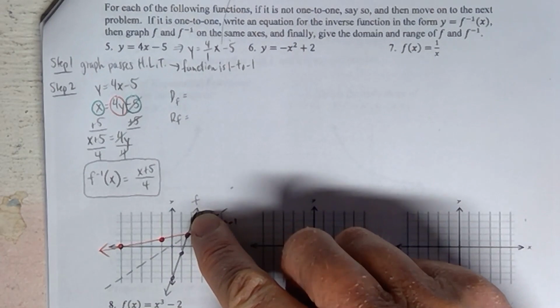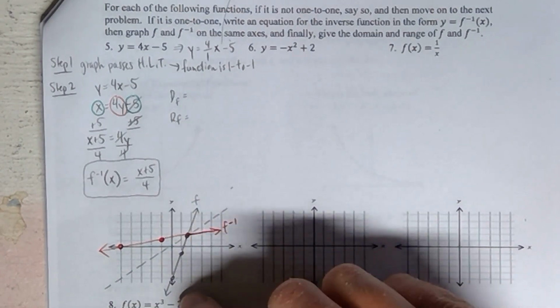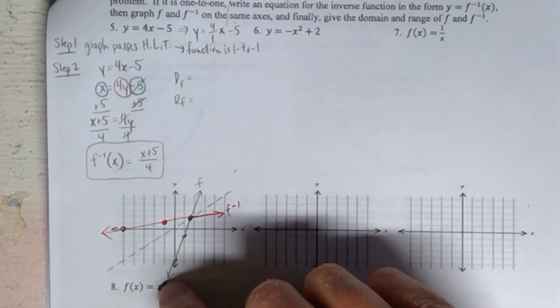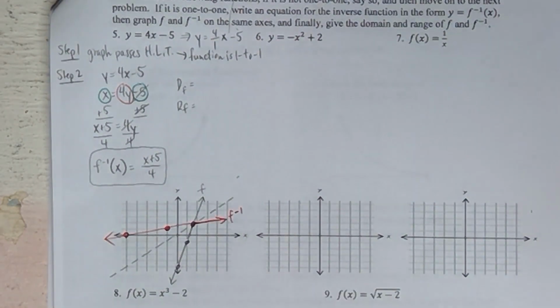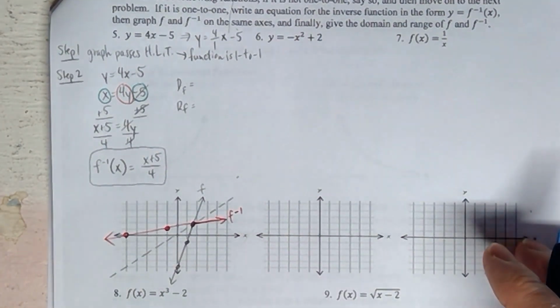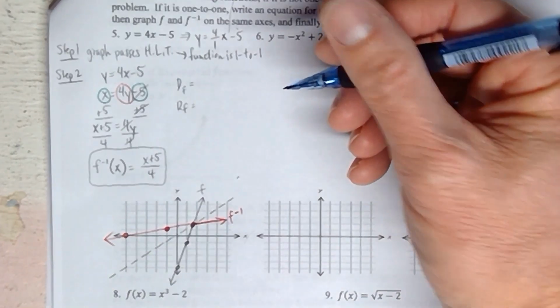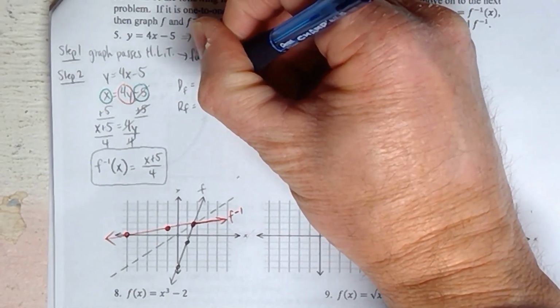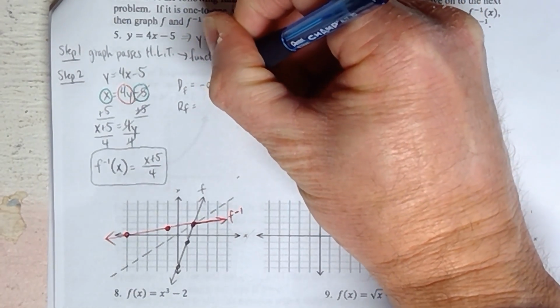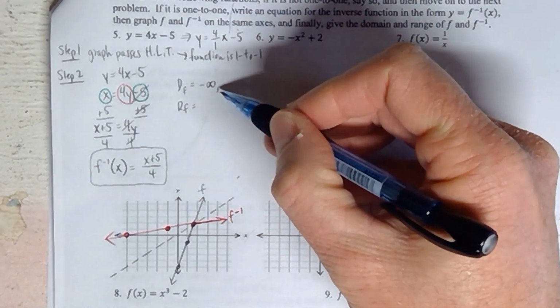This one goes forever up and forever to the right. This one goes forever down and forever to the left. That's all 4 directions. And when it goes forever in all 4 of those directions, left, right, up, and down, then that means that everything is infinity or negative infinity. Remember domain is the leftmost point. So if it goes forever to the left, it's negative infinity.